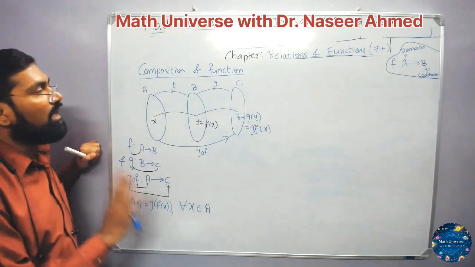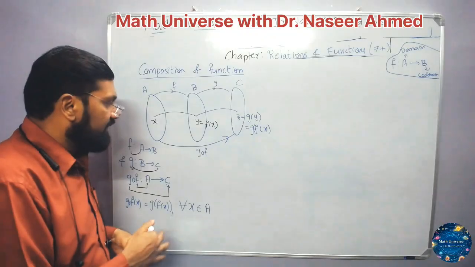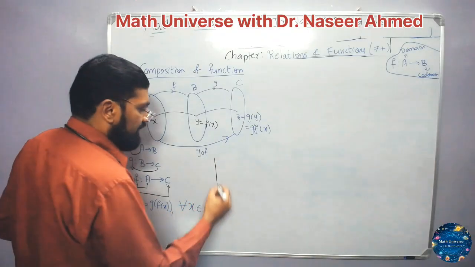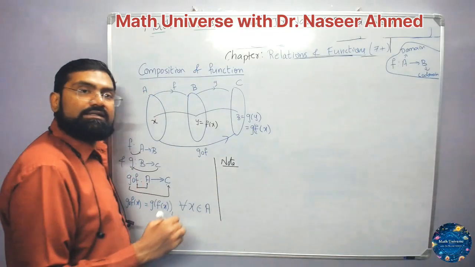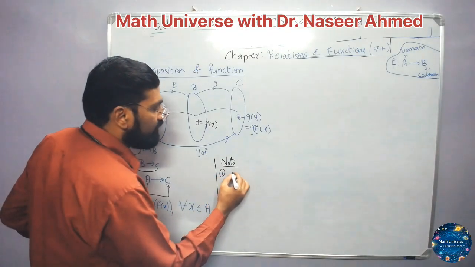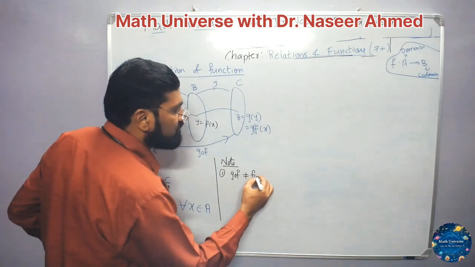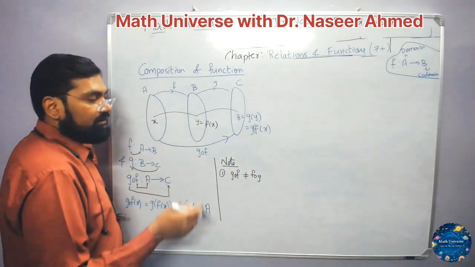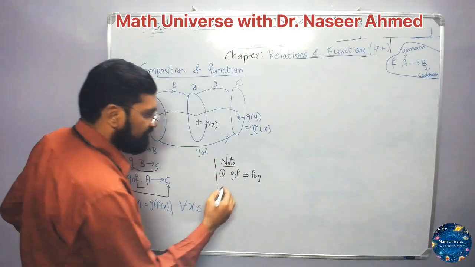Now having this, let me give two properties here, which might be helpful for a 1 marker. The property is the same as in matrices. Here commutative need not be true. Meaning to say, G composition F need not be equal to F composition G. But in the case of invertible, it will be true, a special case which we'll take shortly.